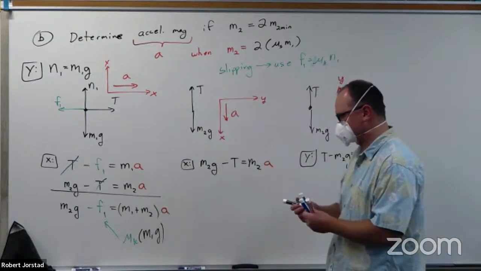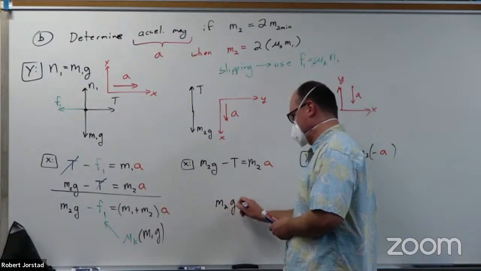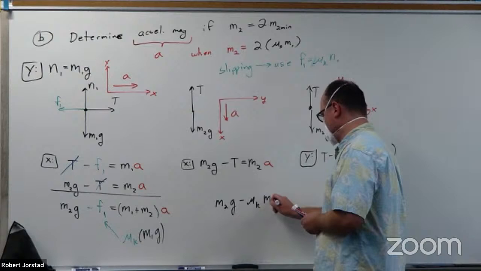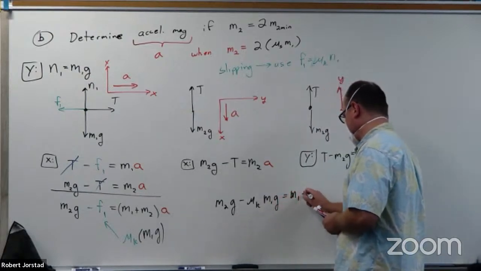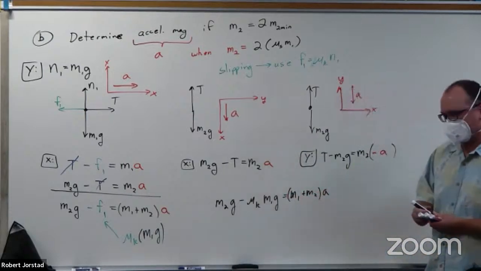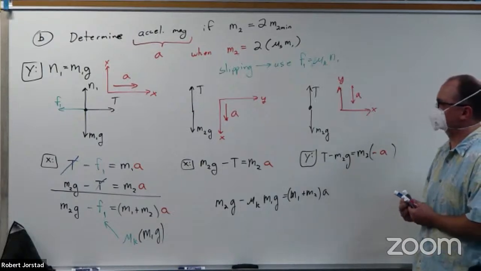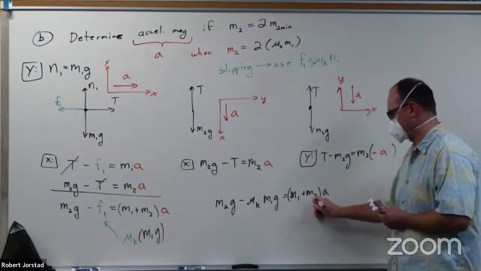Let's rewrite because it's getting messy. M2G minus mu kinetic M1G equals M1 plus M2 times A. What is M2 for this problem? So we got to plug that in.